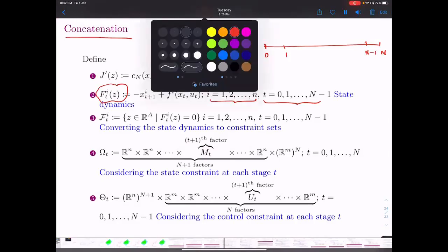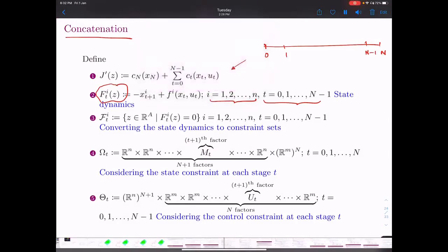But at each of these stages, you have an n state vector, and you have m number of controls. Okay, so this is the state dynamics.